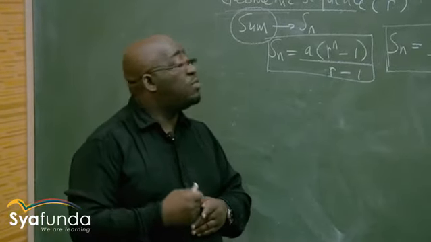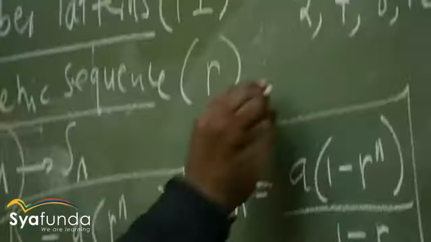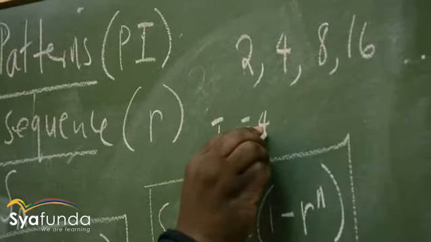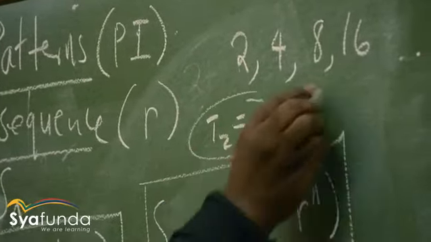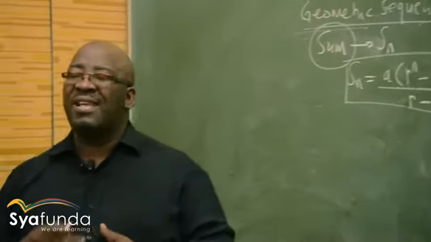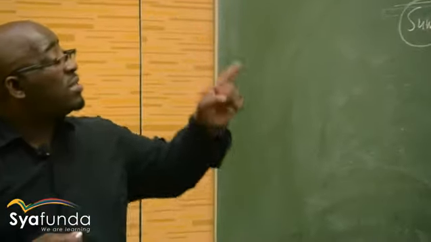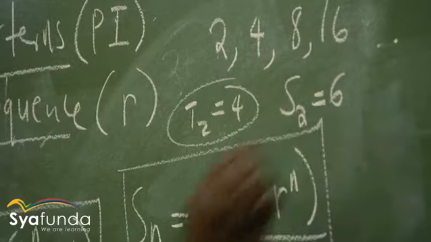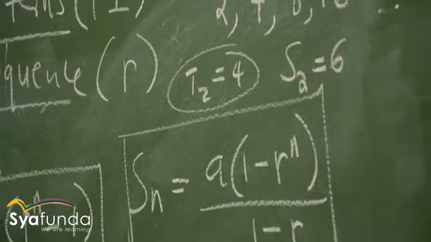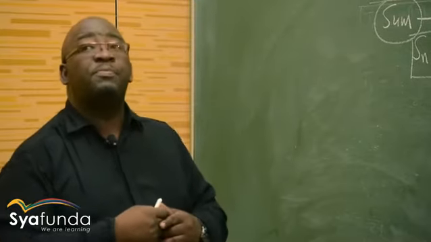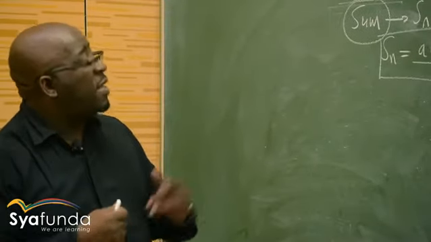S2 means the sum of the first 2 terms, which in this sequence is 6. What is S3? It will be 6 plus 8, which is 14.